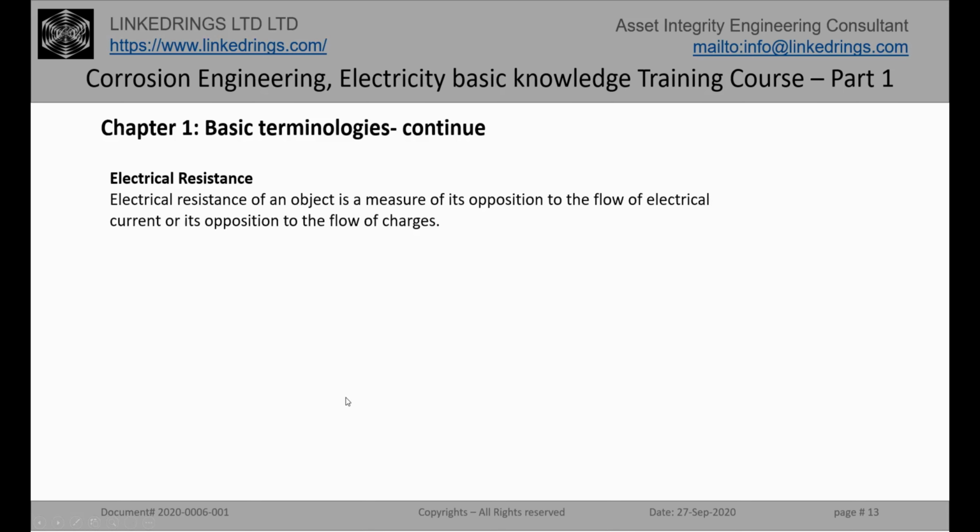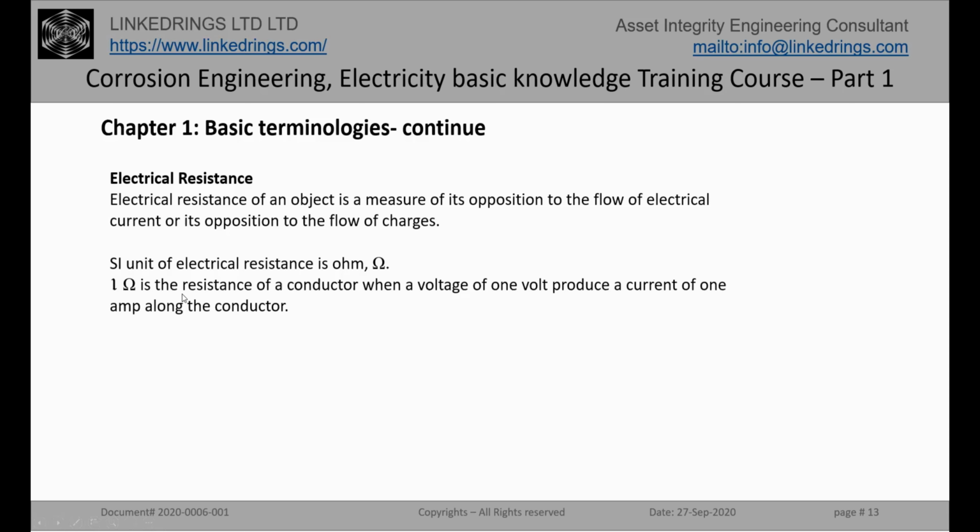What is electrical resistance? Electrical resistance of an object is a measure of its opposition to the flow of electrical current, or its opposition to the flow of charges. The SI unit of electrical resistance is the ohm. 1 ohm is the resistance of a conductor when a voltage of 1 volt produces a current of 1 amp along the conductor.